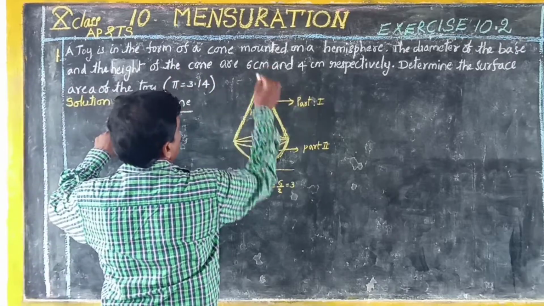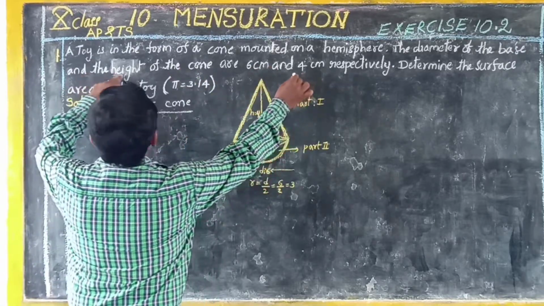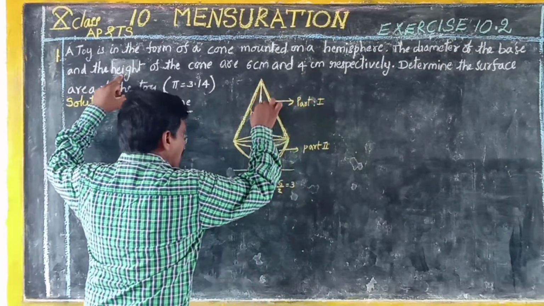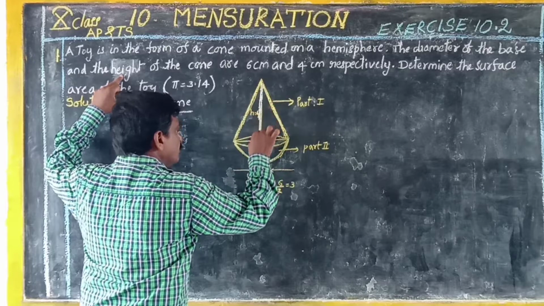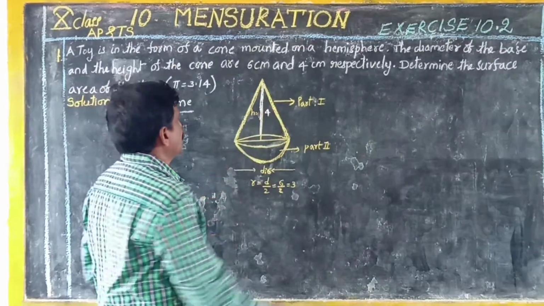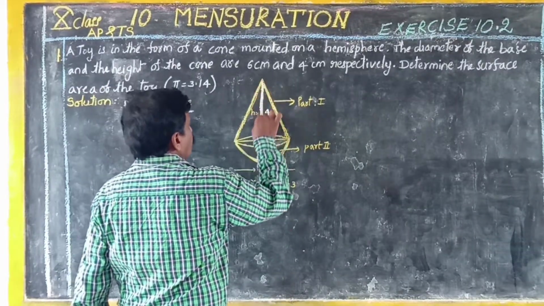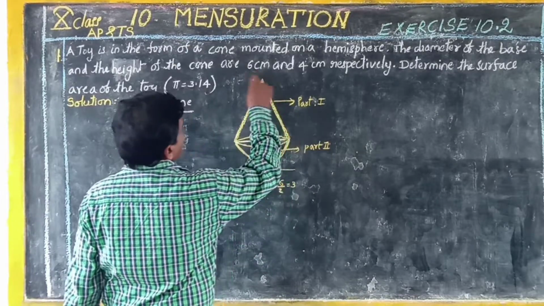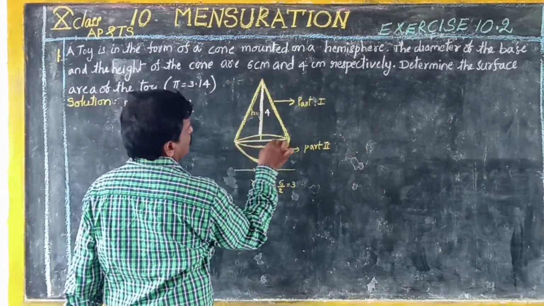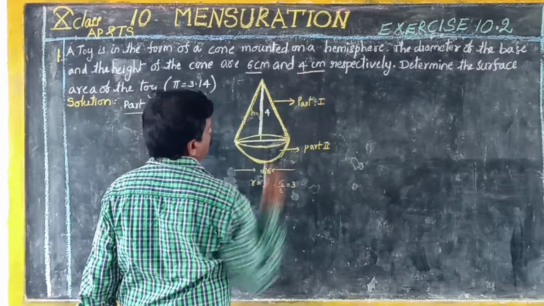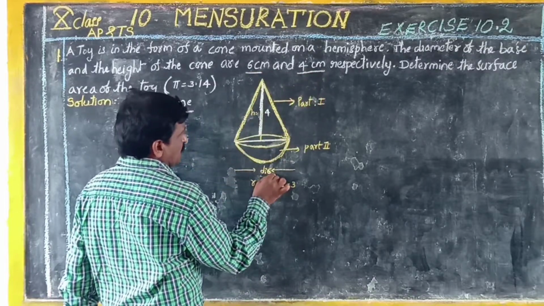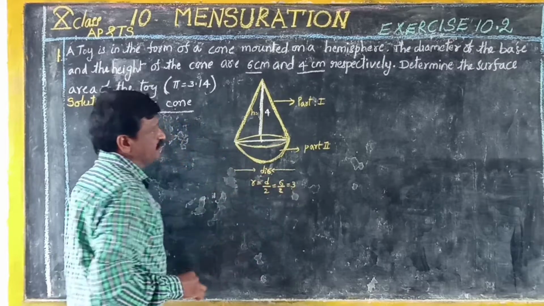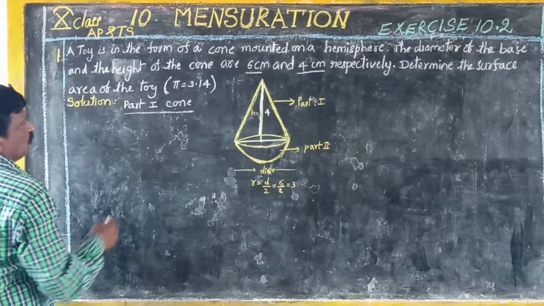Height of the cone is 4 cm, diameter 6 cm. So radius is D by 2, 6 by 2 is equal to 3.